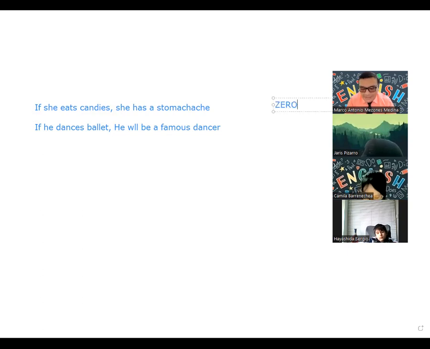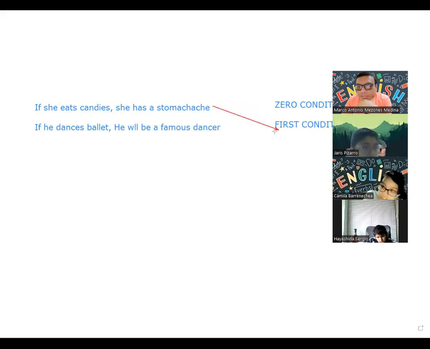Sorry, zero conditional and first conditional. Any volunteer? What is first conditional and what is second conditional? Tell me.